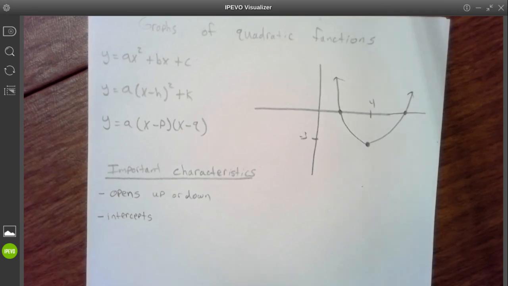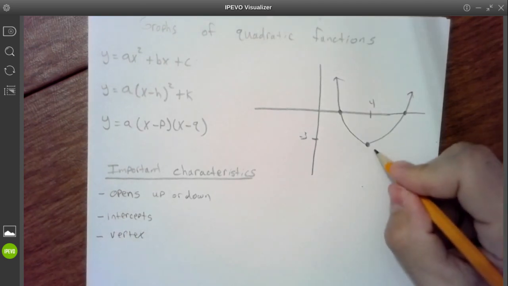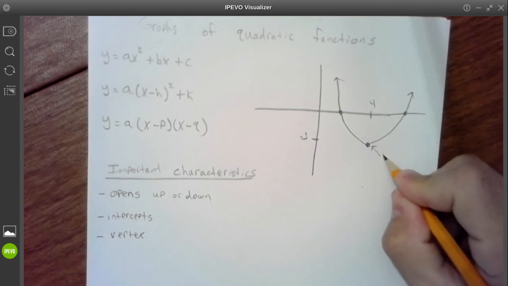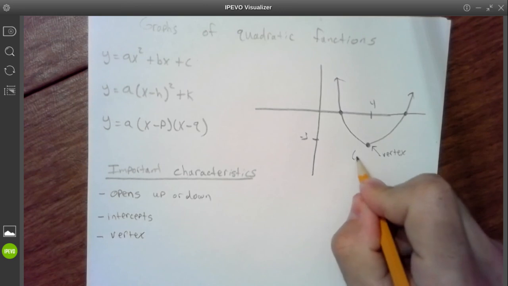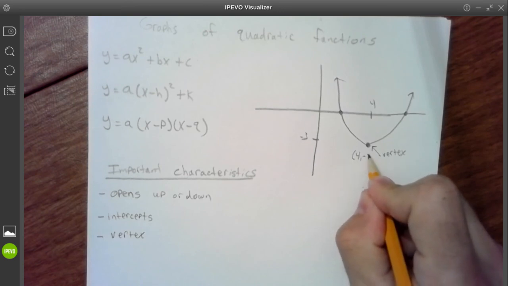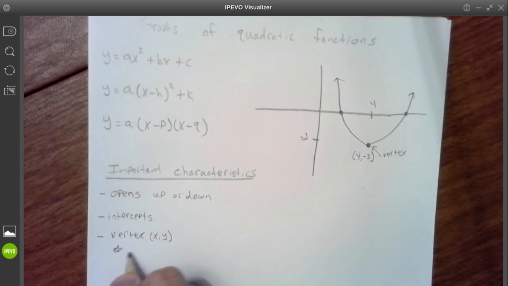See, what else? We got the vertex. The vertex should be kind of a new one. This right here, that's our vertex. In this case, the vertex is (4, -3). It's the ordered pair that represents the highest or the lowest point on the function.